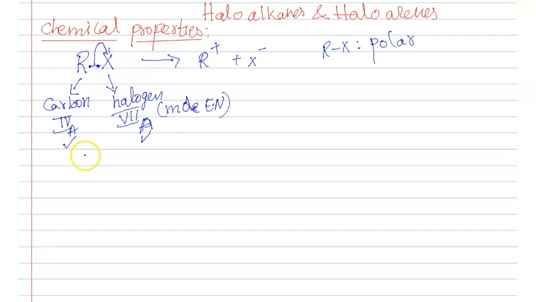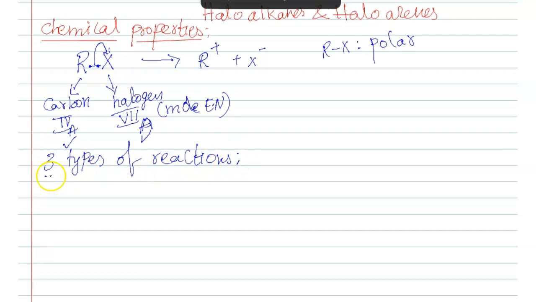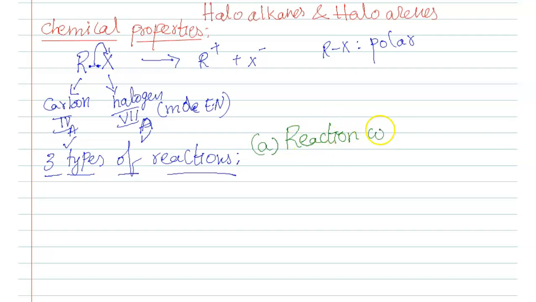Normally haloalkanes show three types of reactions, three types of chemical properties. We can discuss them under three headings. First one is A, reaction with metal.